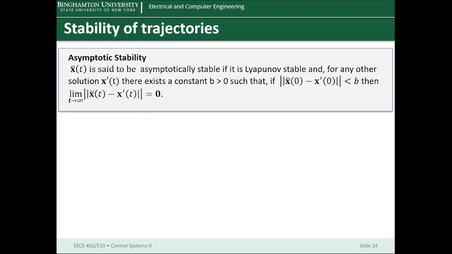For this reason, we introduce the concept of asymptotic stability. A trajectory is asymptotically stable if whenever another trajectory starts within some neighborhood, say within a radius b of the desired trajectory, it not only stays close but also gradually converges to the desired trajectory as time goes on.